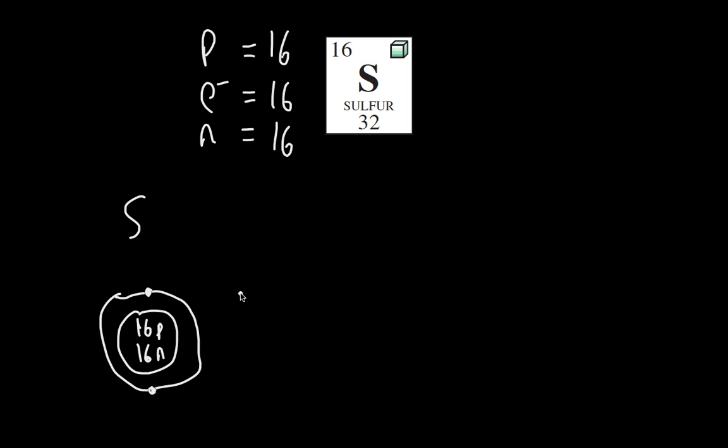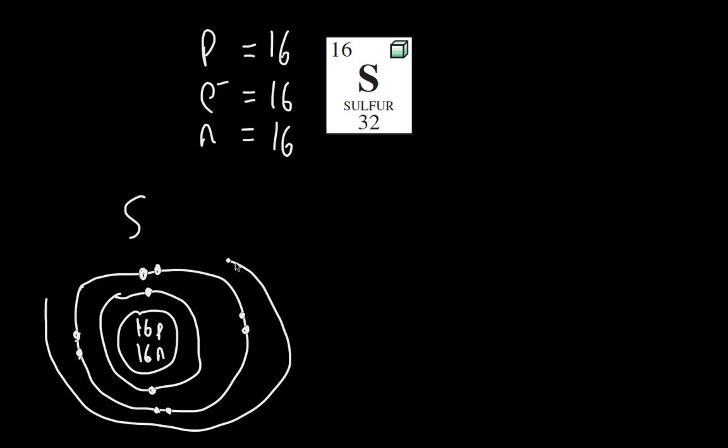That leaves us with 14 remaining electrons. We can fit 8 of those on here. So right now we have 10 total electrons. That leaves us with 6 remaining, so we need to go to a third ring. 1, 2, 3, 4, 5, 6, and that's it.